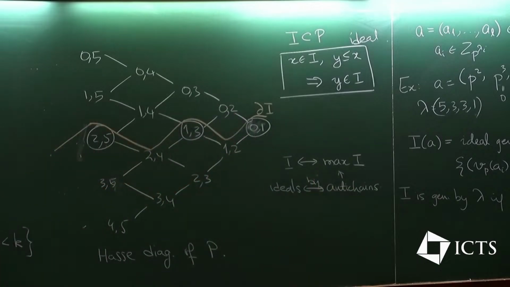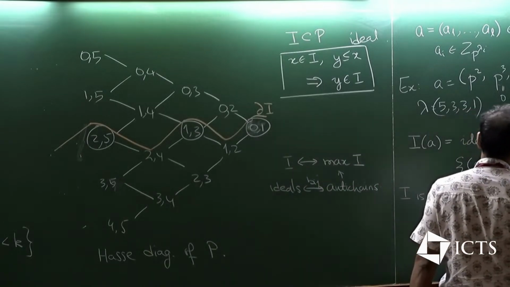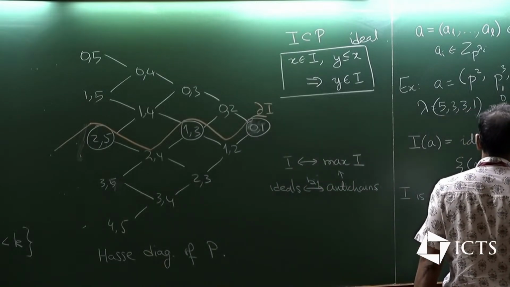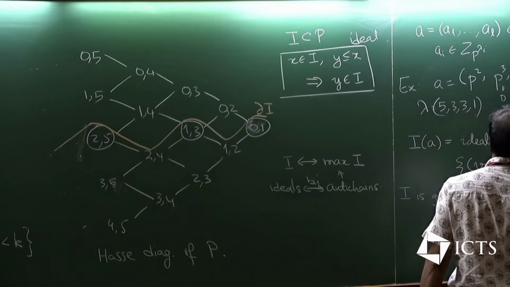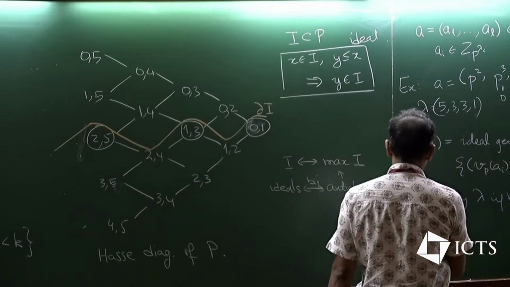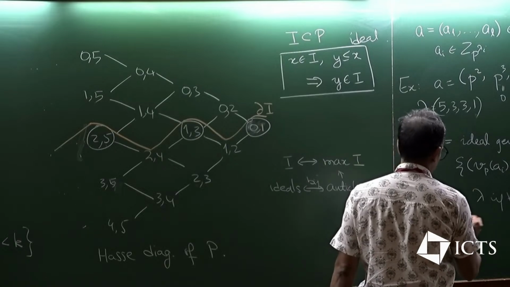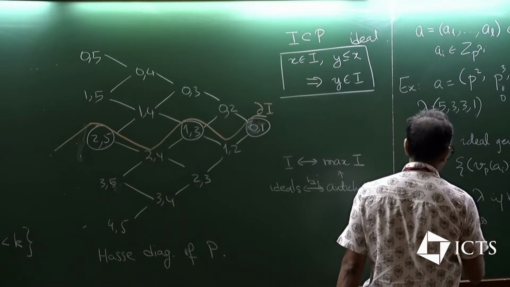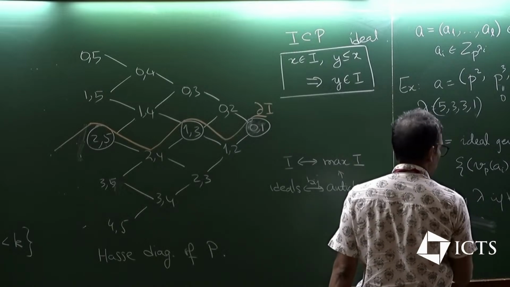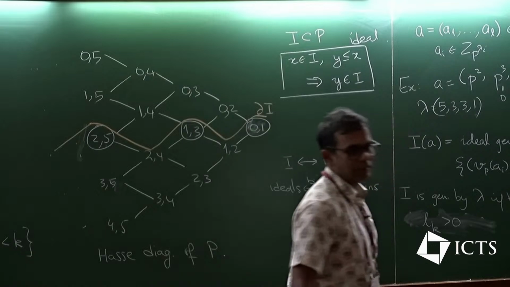So I is generated by lambda if for every point (i, k) in max I, k is actually a part of lambda. Or maybe I could say lambda_k is positive, k occurs in lambda.